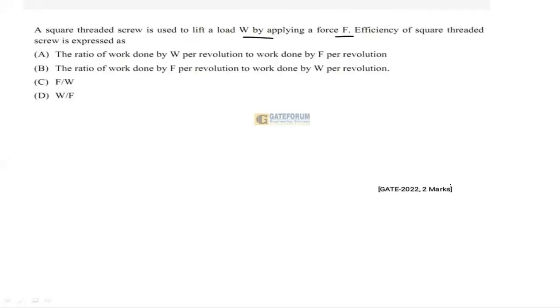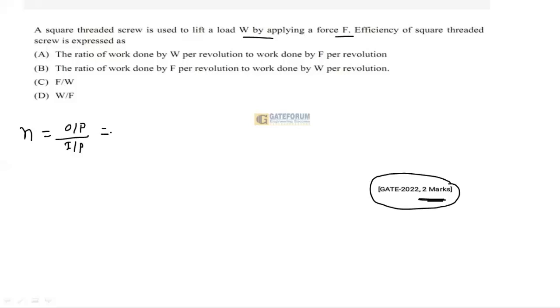And yes, my dear friends, that question was asked in GATE 2022 and has a weightage of how much, my dear friends? 2 marks. That is very easy, and that has been taken from the square threaded screw. And you know, my dear friend, what will be the efficiency of a square thread? Always keep in mind, sir, this is output upon input. What is output, my dear friends?